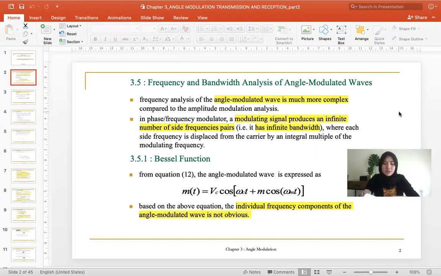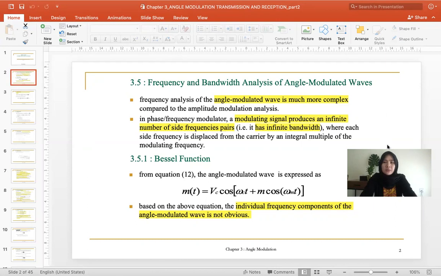Later on I will further explain this. For example, if the modulation index equals 1, automatically you will have 3 pairs of side frequency. I will explain that in the following slide.